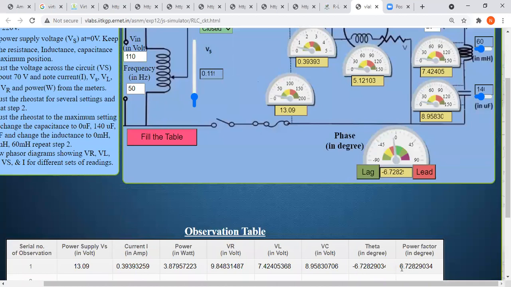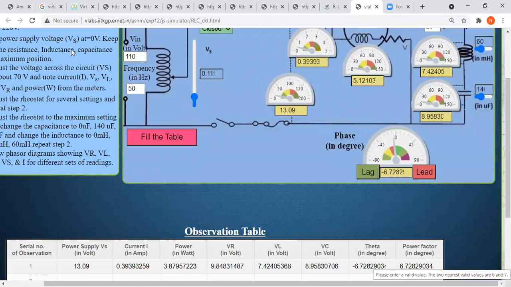Don't write this 6.728. You have to take the cosine of minus 6.728. So you have to make corrections in these two columns, in power factor and in the power. For power you have to simply multiply voltage and current, and for the power factor you have to take the cosine of this theta. Then give the entry to this power factor.